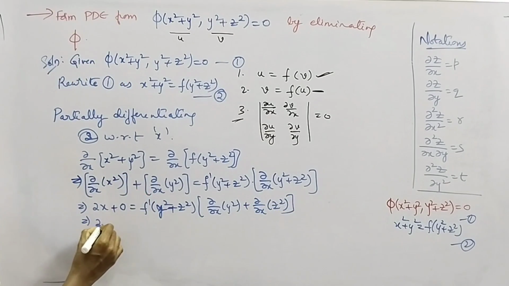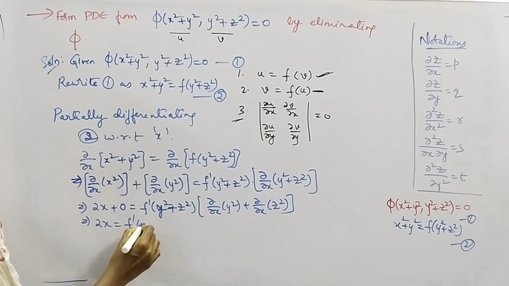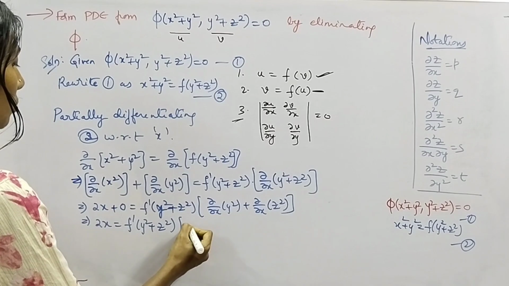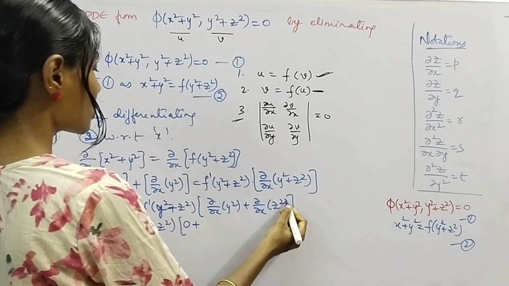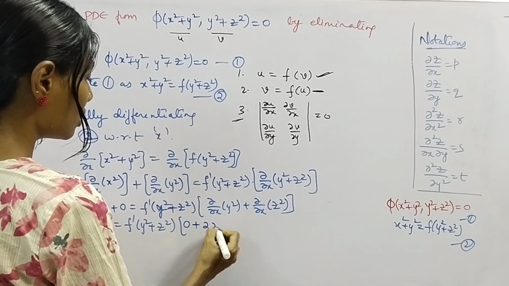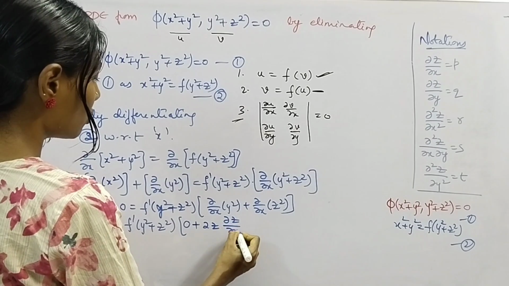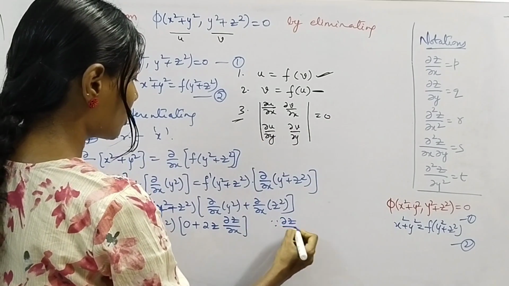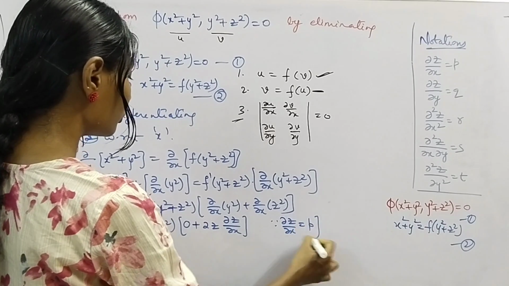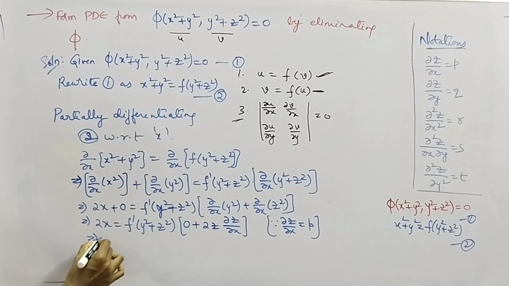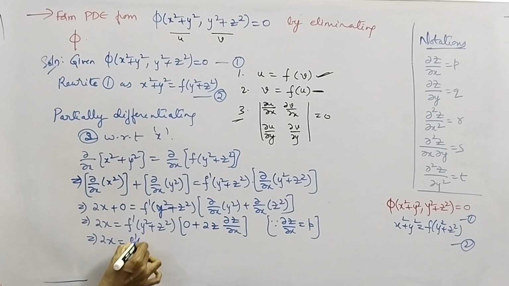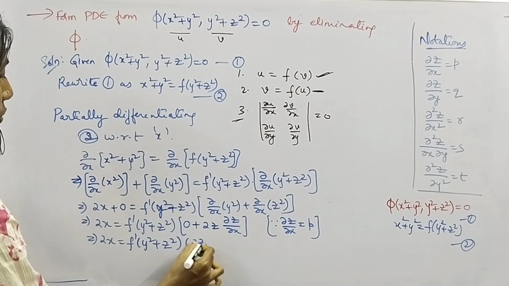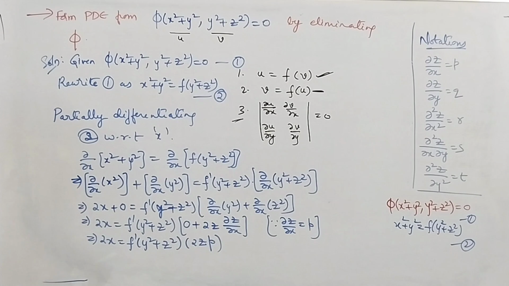This gives us 2x equal to f dash of y square plus z square into partial derivative of a constant with respect to x is 0, plus partial derivative of z square with respect to x is 2z into dou z by dou x. Since we have a notation dou z by dou x equal to p, we'll replace it by p, and we'll get 2x equal to f dash of y square plus z square into 2zp.